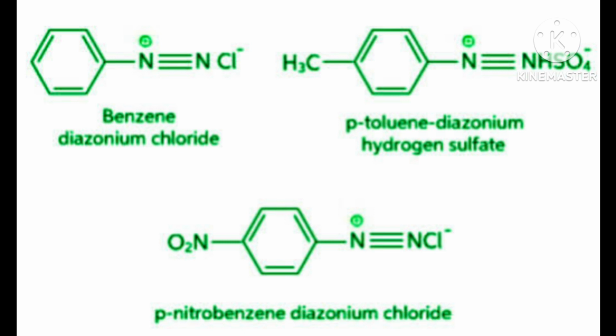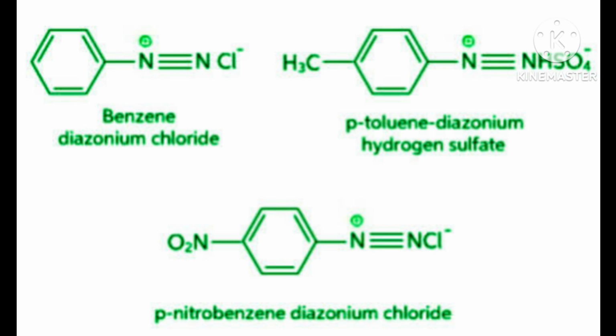They are named by suffixing diazonium to the name of the parent hydrocarbon from which they are formed, followed by the name of the anion, such as chloride, hydrogen sulfate, etc. The N2+ group is called the diazonium group.